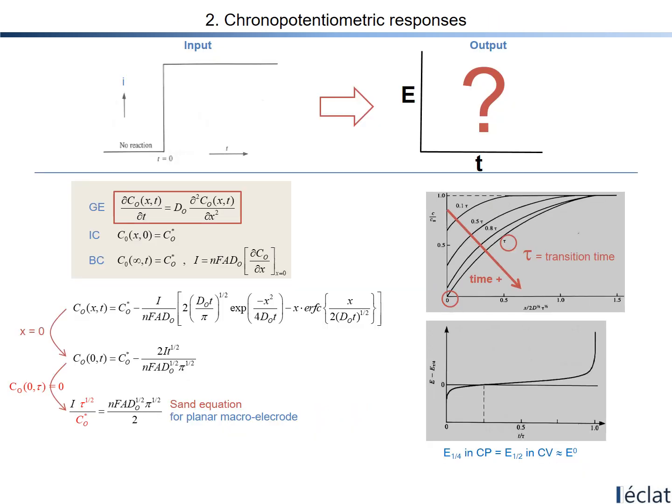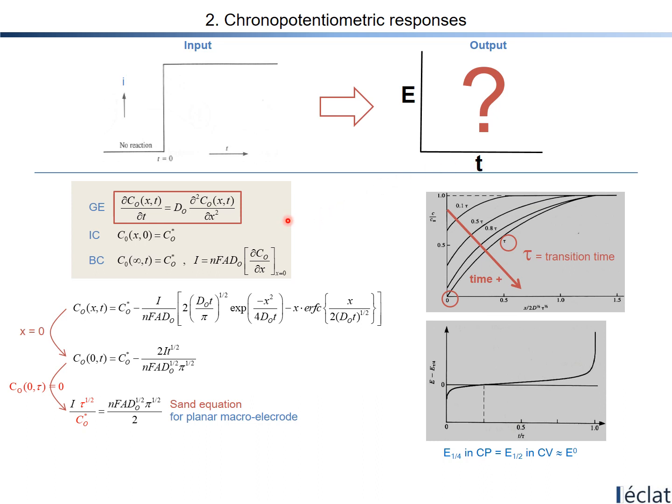Here is the second case, which is the chronopotentiometric responses. In this case, we will apply a fixed current instead of a fixed potential. Then we'll try to find the potential as a function of time.